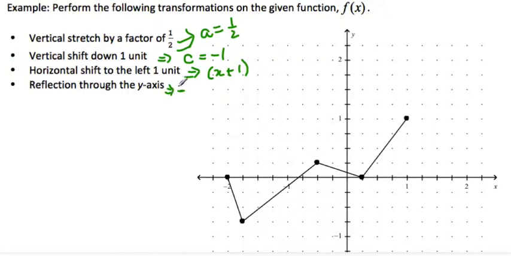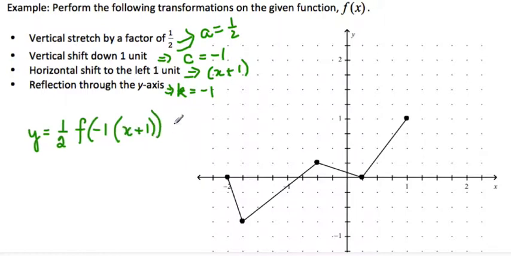So that implies that our k value is -1. So when writing this equation, we have y equals a, then our function, then k, then brackets, then whatever our d value is, and then our c. So there's our equation for our function.